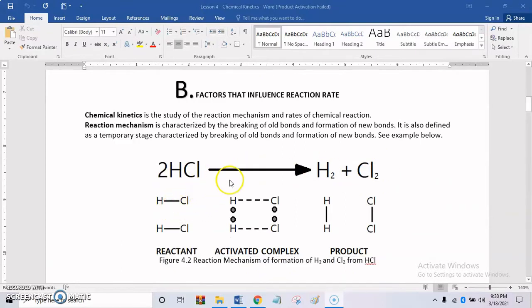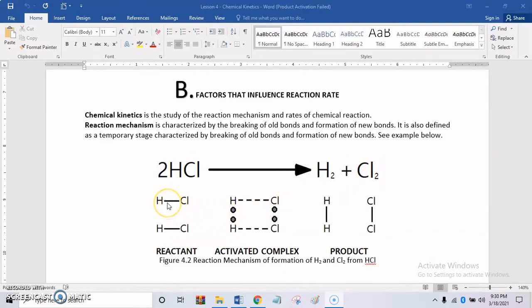When we say decomposing, maghihiwalay yung dalawang element, hydrogen and chlorine, into separate elements, from one compound to individual elements. HCl, since 2 moles kasi, balanced equation na ito. 2 hydrogen, 2 hydrogen. 2 chlorine, 2 chlorine. So, this is a balanced chemical equation.